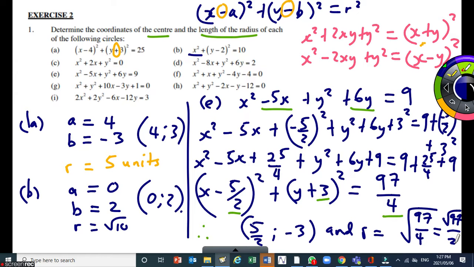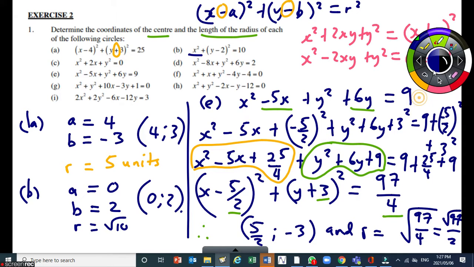Now, just to emphasize some very important things, I created this trinomial. I also created that trinomial so that I can form the general equation of the circle with the center not at the origin.